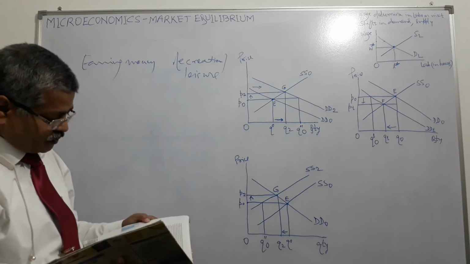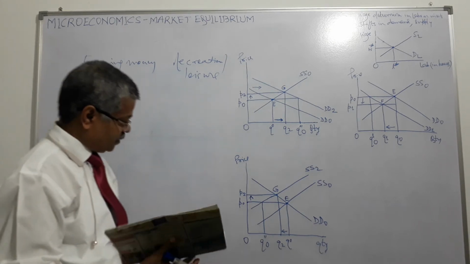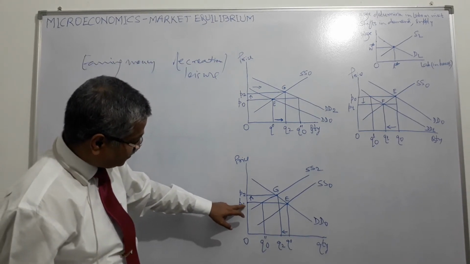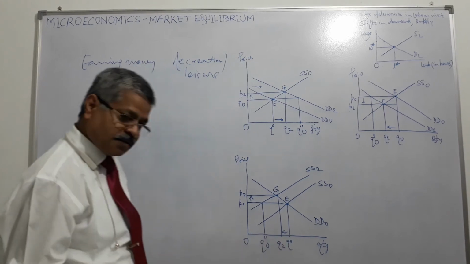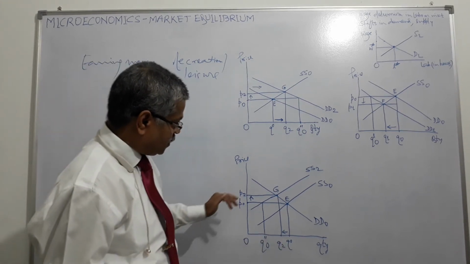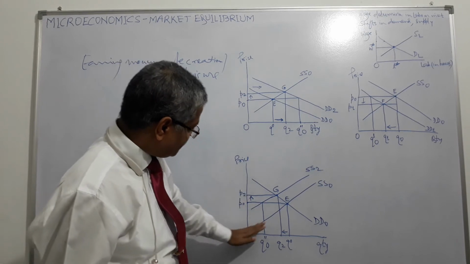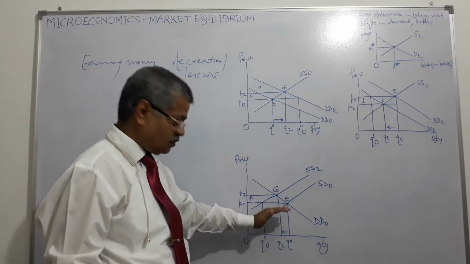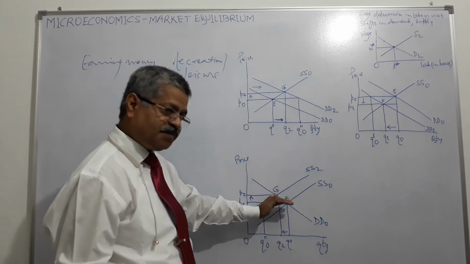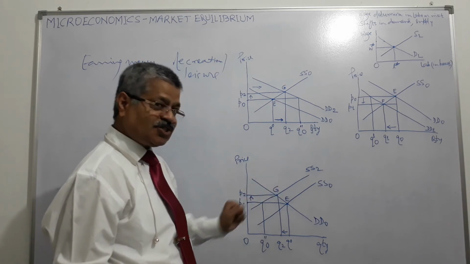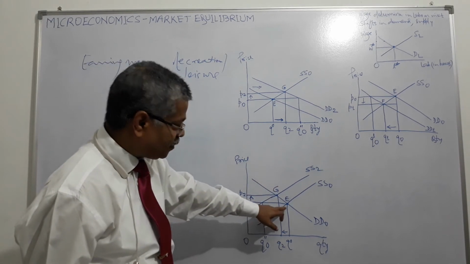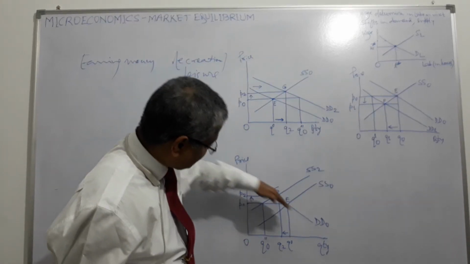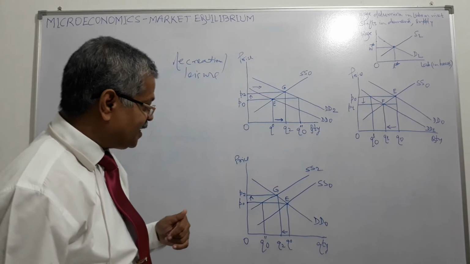Now we go to supply shift. In supply shift you will find the initial equilibrium is at P0 and Q0, right? When this SS0 market supply curve shifts, where is it shifting? It is shifting to the left. It becomes S2. So the initial equilibrium was E, and it shifts to G. The market demand curve remains the same at DD0.